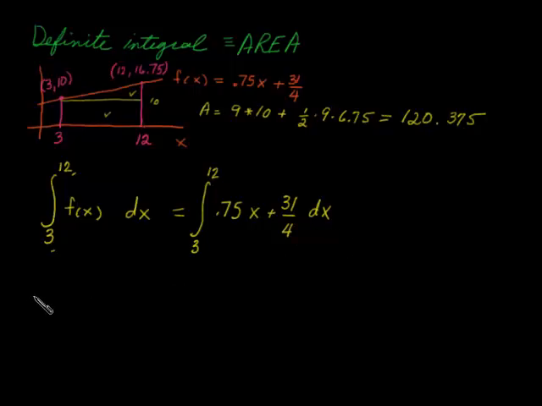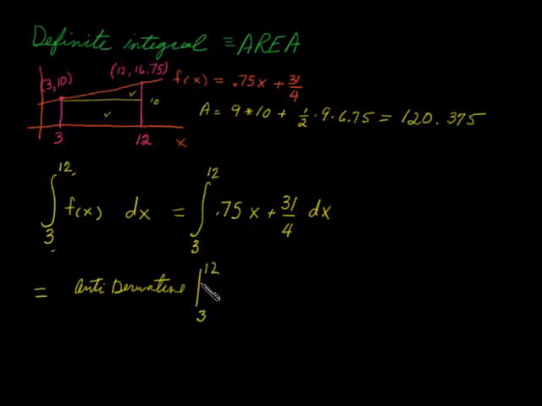And now I want to show you how to evaluate a definite integral. And this is the connection between the definite and the indefinite integral. You take any antiderivative, and you evaluate it between the lower limit and the upper limit.